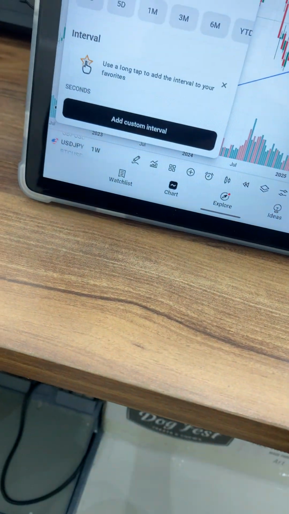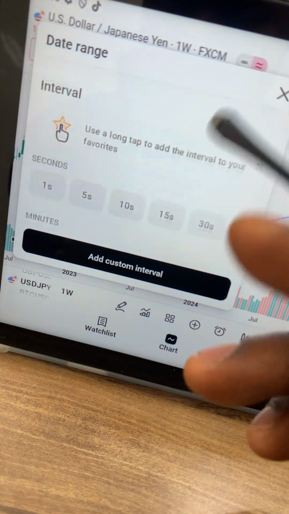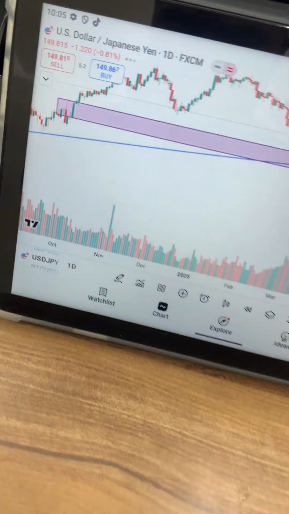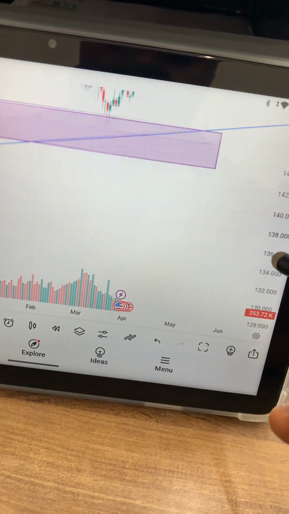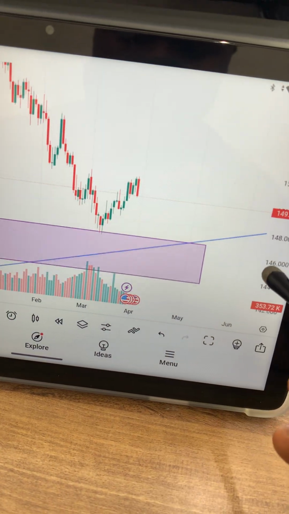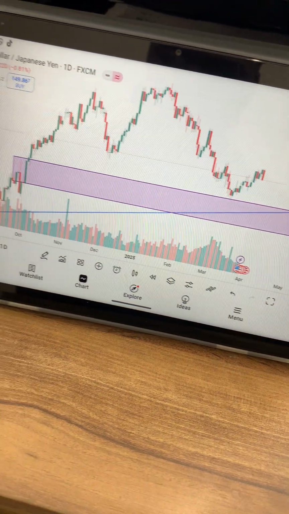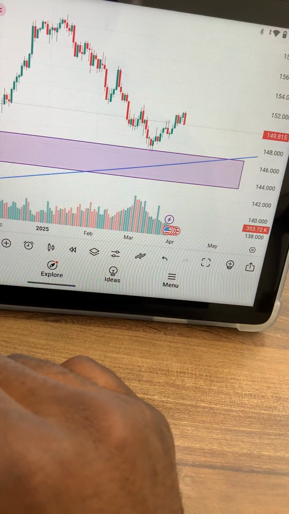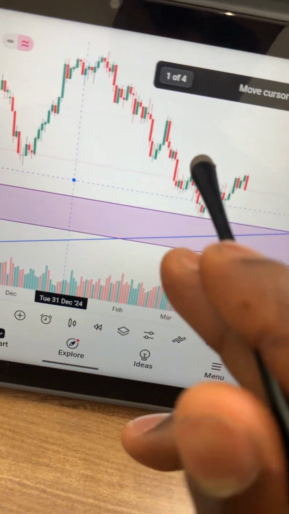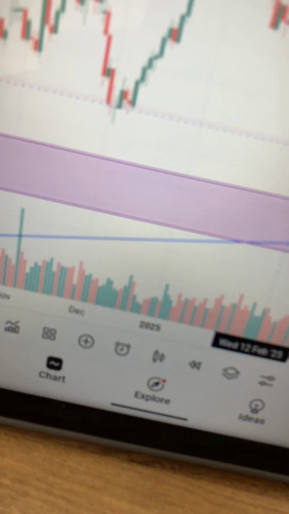What you have to do next is go straight to your daily time frame. Once you're in your daily time frame, you observe what the market is doing. You see this is our 1 day. In this daily time frame, you can observe firstly we got a break of structure at this zone.